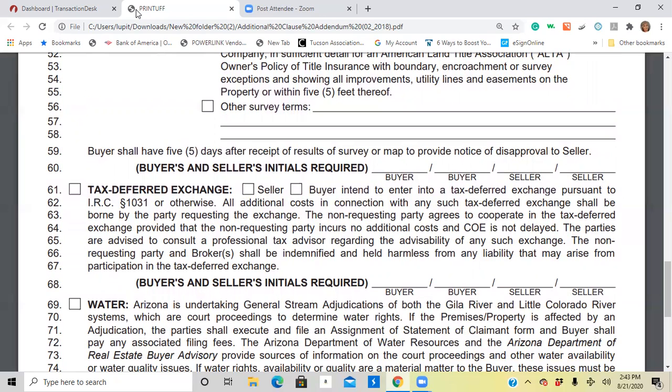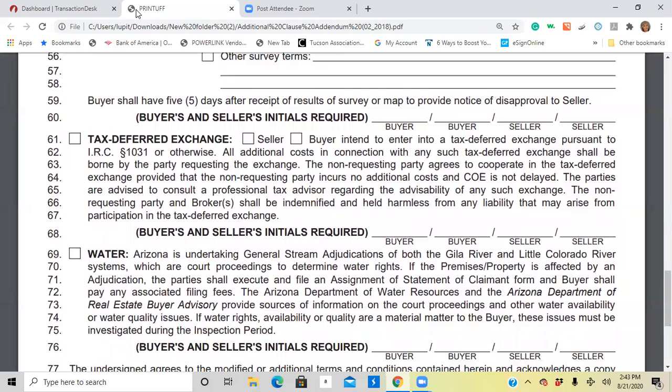Tax deferred exchange. Either the seller or the buyer intend to enter into a tax deferred exchange pursuant to IRC 1031 or otherwise. All additional costs in connection with any tax deferred exchange shall be borne by the party requesting the exchange.